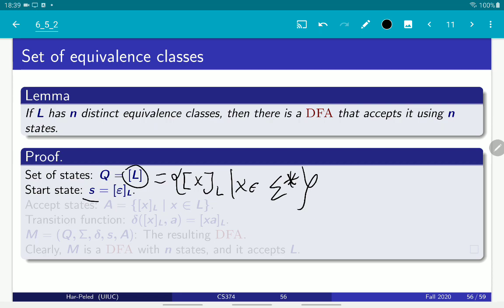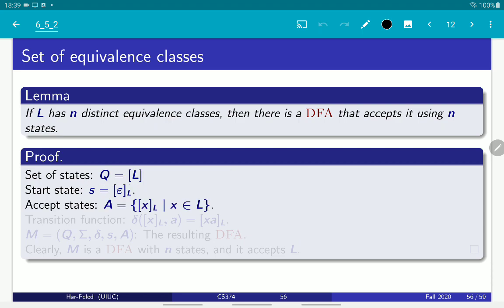The start state is just going to be the equivalence class of the empty string, of course, because that's what we have in the beginning. The accept states are all the equivalence classes such that x is in the language. Now, it's easy to observe that if we have an equivalence class according to L, either all the strings in the class are in the language, or all of them are not in the language.